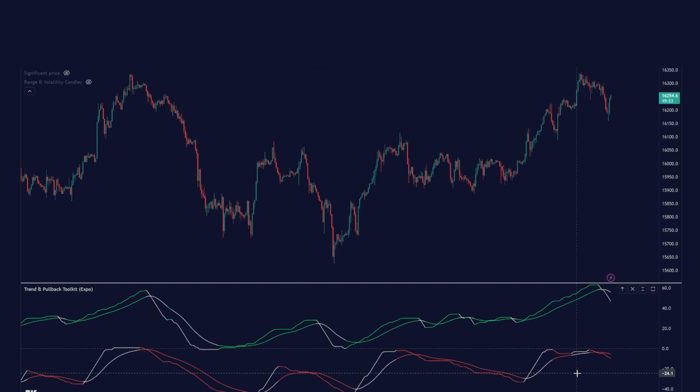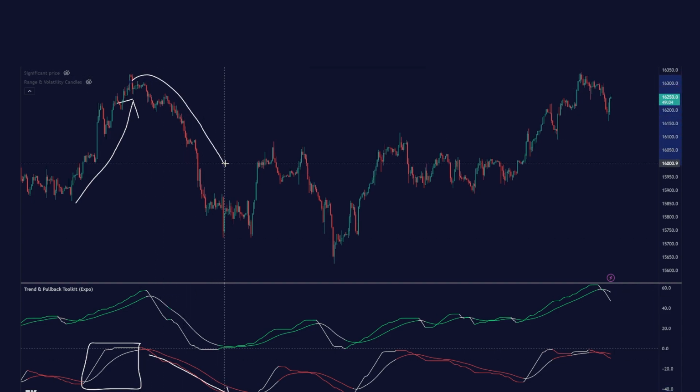The red line below the zero line represents bullish impulses. So when the line becomes white, that is a sign of a bullish strength impulse. And we can see that the red line became white, indicating a strong impulse in the market. It was followed by a negative move. Right? We can see how the market fell from this area.